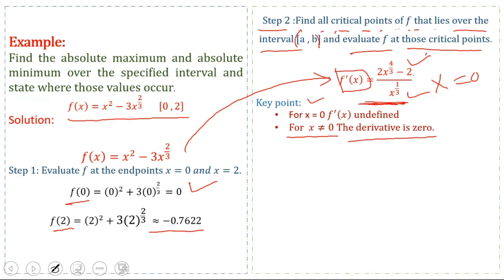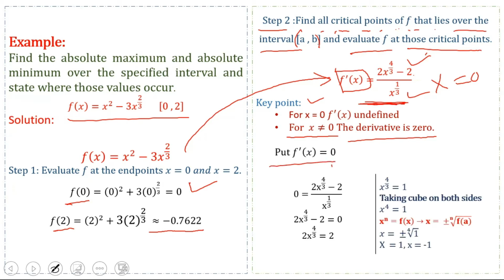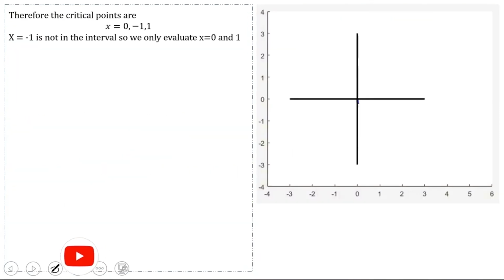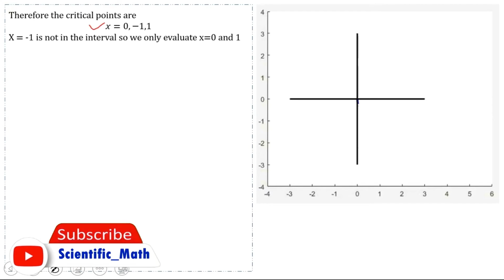Okay, so put f prime of x is equal to 0, and after doing that, we get two critical values, x is equal to 1 and x is equal to minus 1. Okay, so therefore the critical points are x is equal to 0, minus 1 and 1.